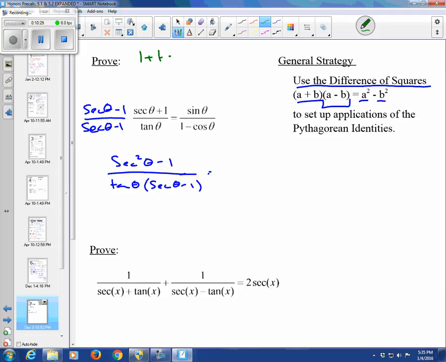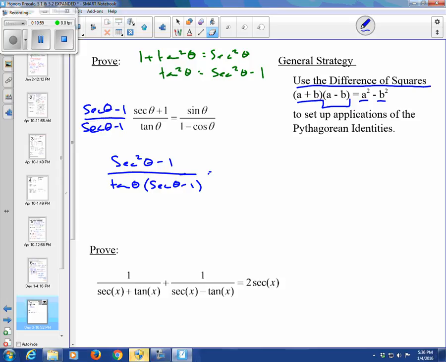We know that 1 plus tan squared theta equals secant squared theta. So if we subtract 1 from both sides, tan squared theta equals secant squared theta minus 1.